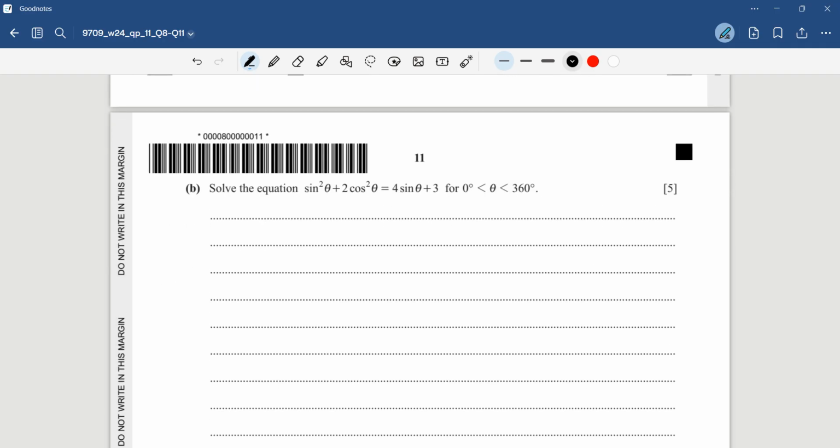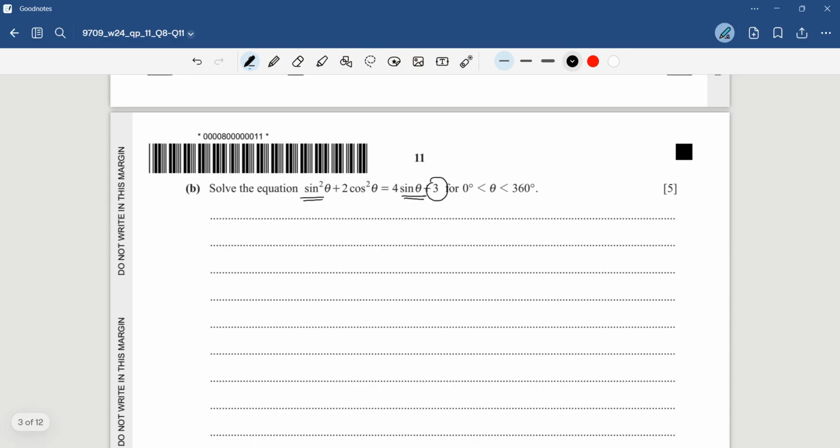For B, solve the equation sine square theta plus 2 cos square theta equals 4 sine theta plus 3, from 0 to 360. For this, we have terms in sine and also in cosine. It looks like a quadratic equation because there is a sine square, the linear sine term and a constant, but the problem is we have both sine square and cos square.